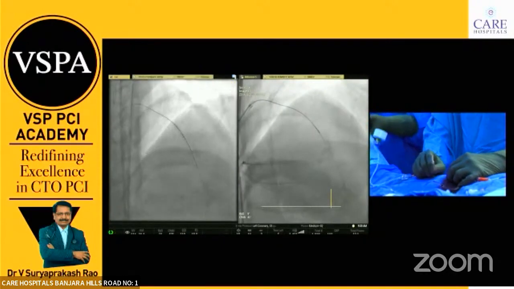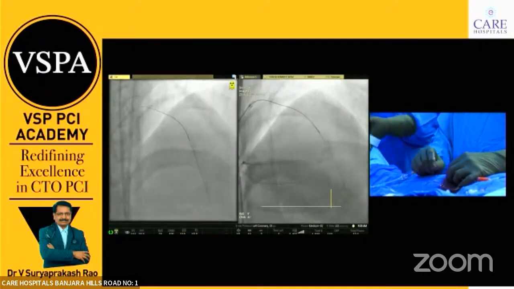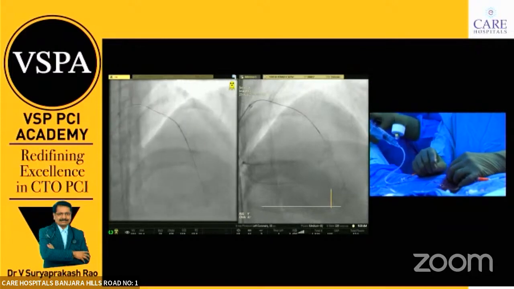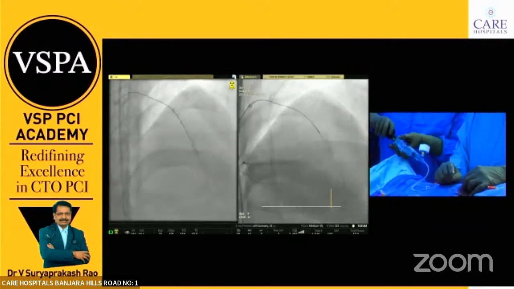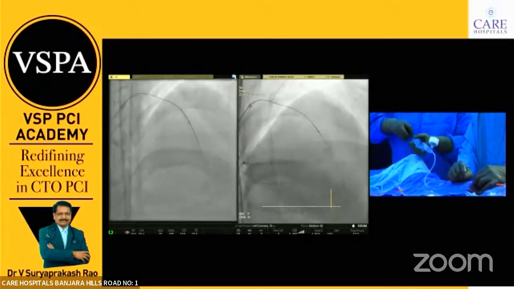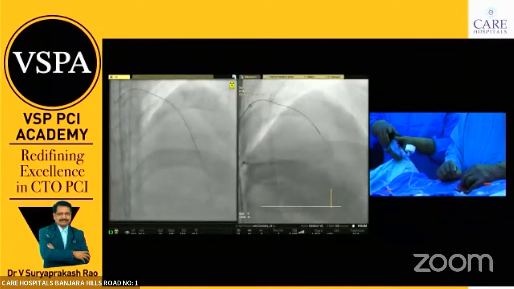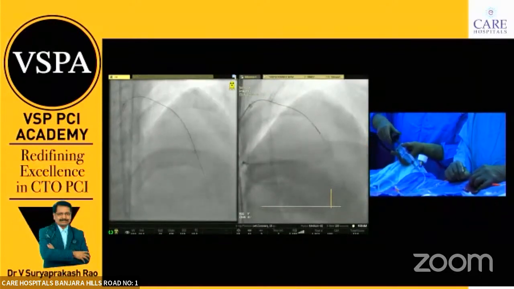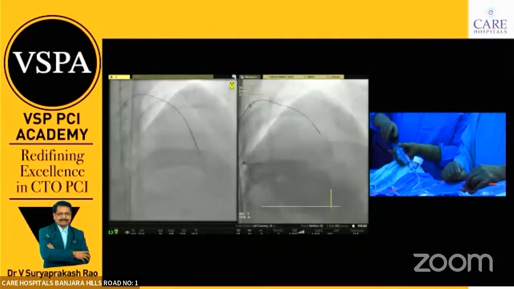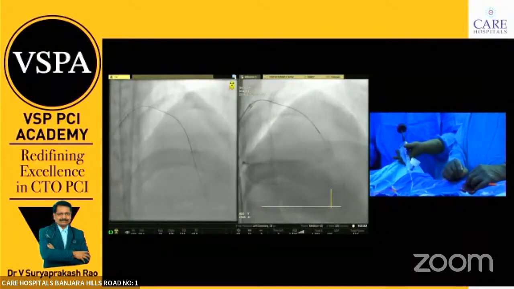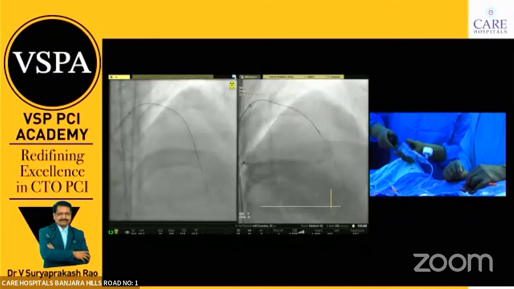Fine. We have dilated this balloon up to 16 atmospheres. It could cross the lesion. Do it. 14, 16. Sometimes we do balloon at nominal pressures in the distal CTO vessel for remodeling. These vessels grow in size and flow will improve.